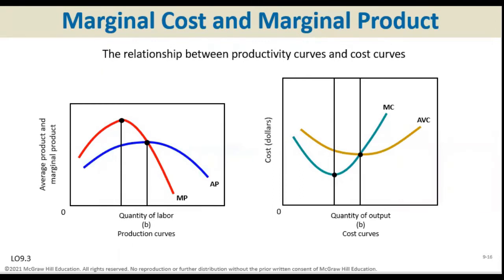So the marginal cost MC curve and the average variable cost AVC curve are a mirror image of the marginal product MP and average product AP, right? Assuming that labor, in this example, is the only variable input and its price, the wage rate, is constant.